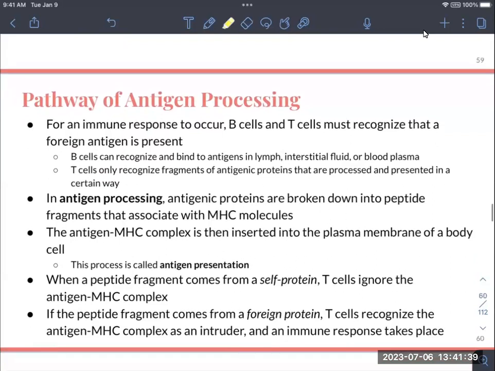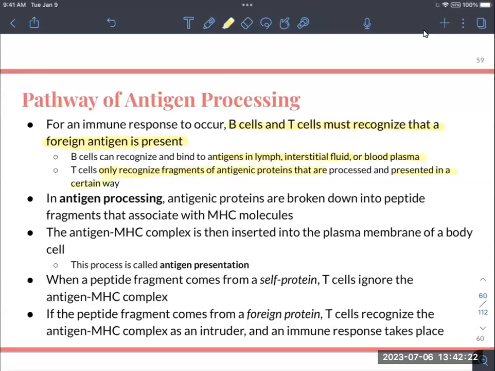So for our immune system to respond, B cells and T cells have to recognize that this foreign antigen is actually present in the body. So B cells can recognize antigens that are in the lymph, interstitial fluid, or the blood plasma. T cells can only recognize fragments of antigenic proteins, and they need to be presented in a certain way.